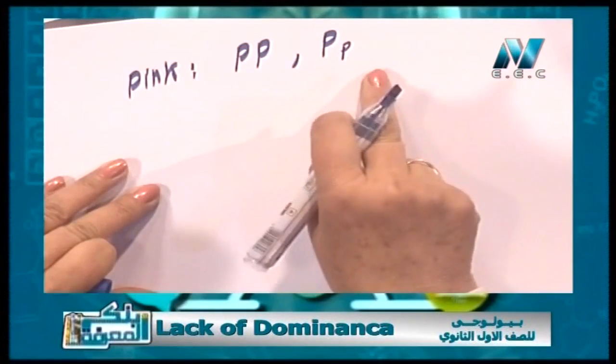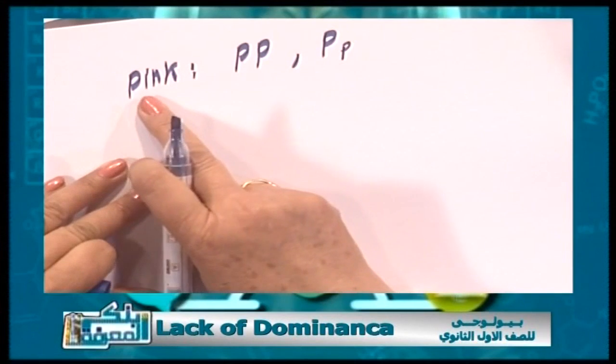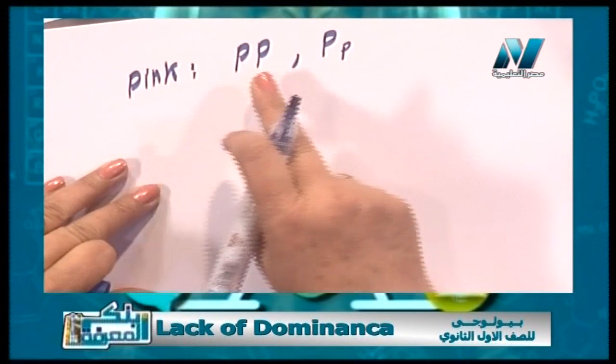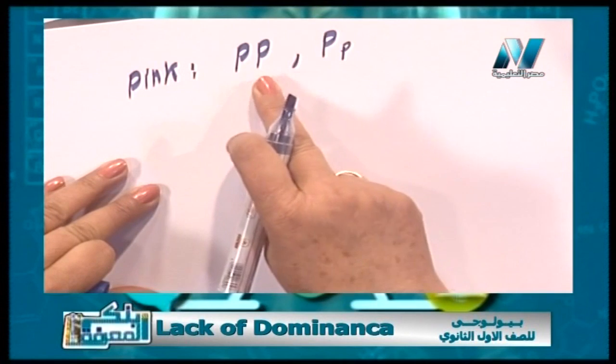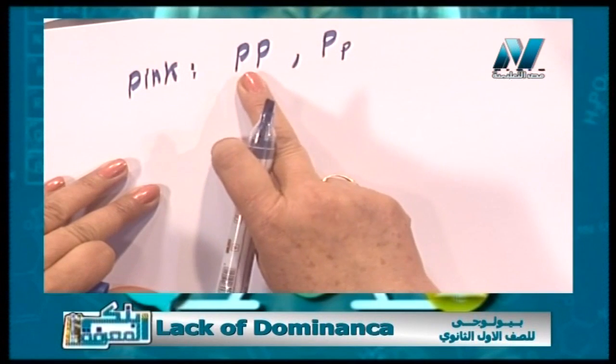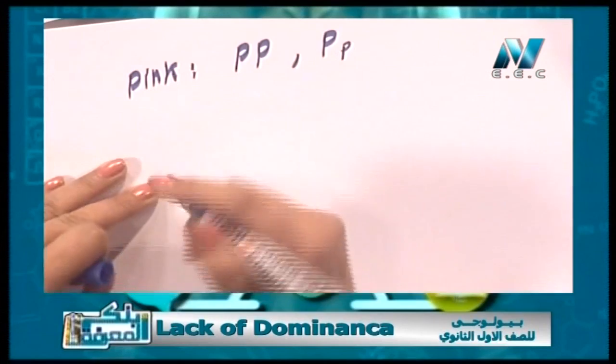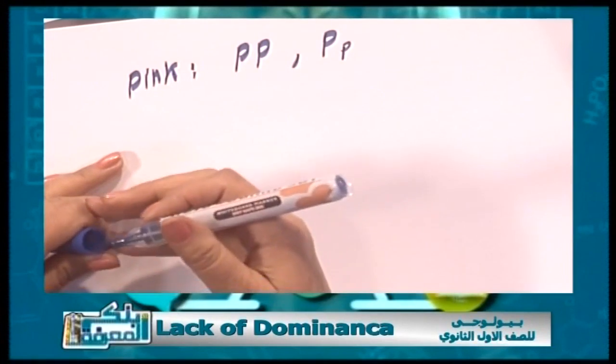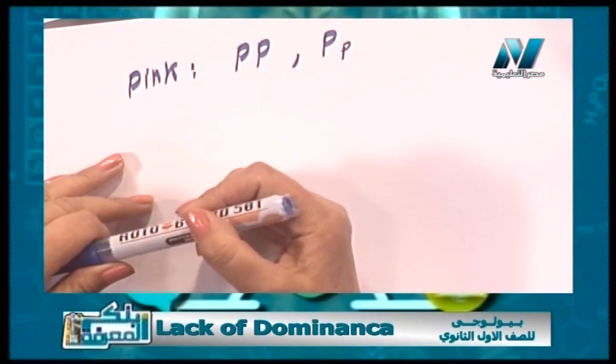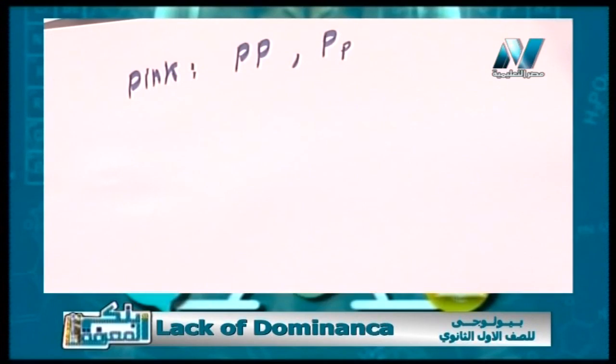Both are pink. So when we say pink flowered plant, we cannot indicate the genotype. We cannot know whether it is pure or hybrid. This is why we cannot depend on the phenotype to indicate the genotype.